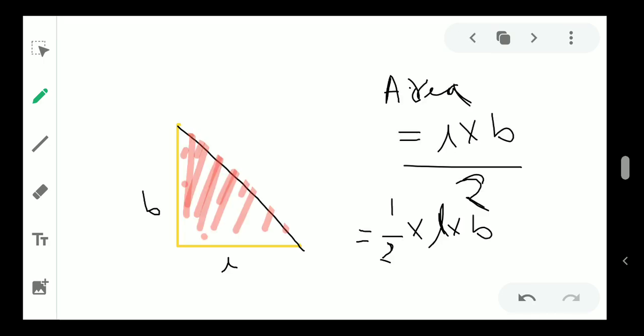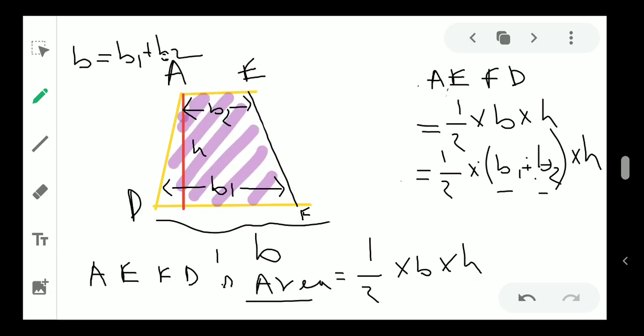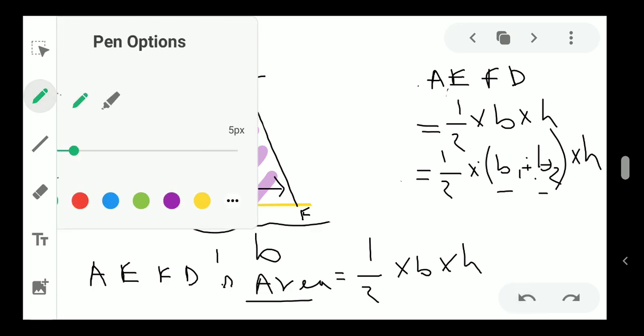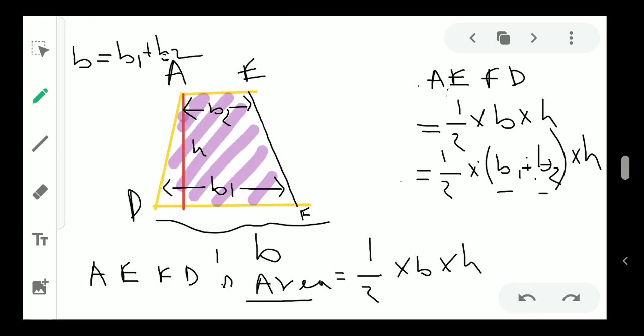So first you learn this much, that is how we can find the area of a trapezoid by dividing a parallelogram into two equal portions, and then we have gotten this formula. So this is the formula for the area of a trapezoid.